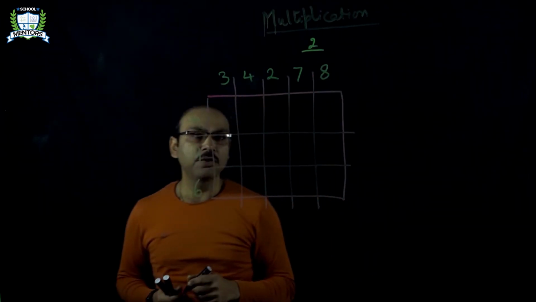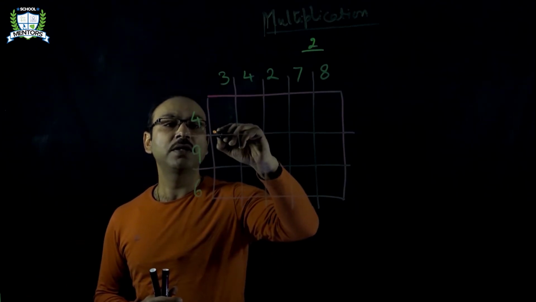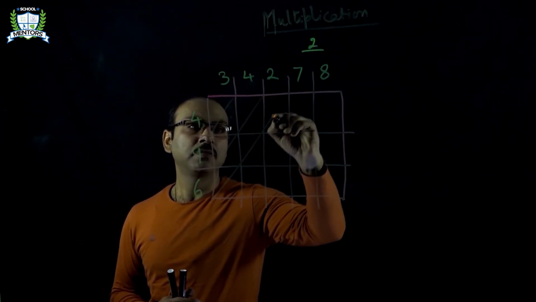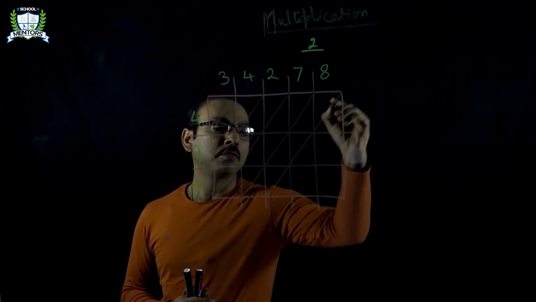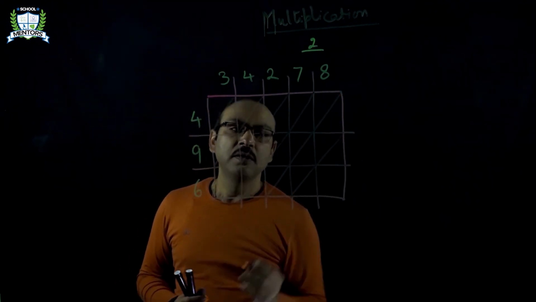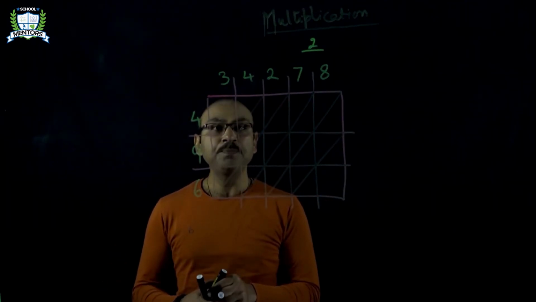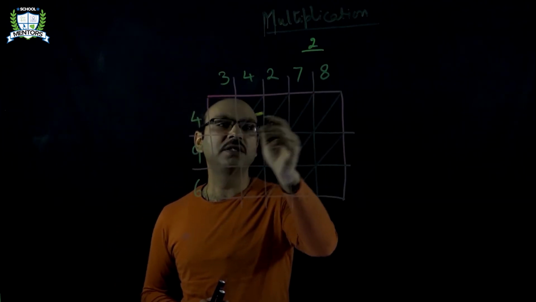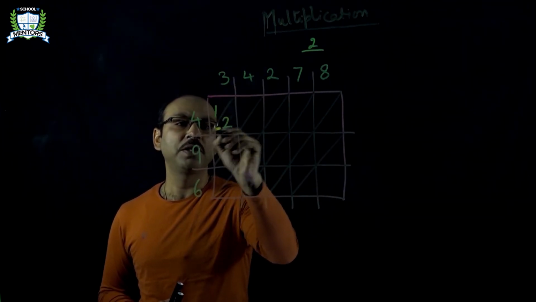So this is how you're going to make a matrix, and then we are going to divide this matrix diagonally like so. Once we have done this, you will see that the multiplication is much easier now because it's just a single digit multiplication. For example, 4 3s are 12, we write 12 over here.